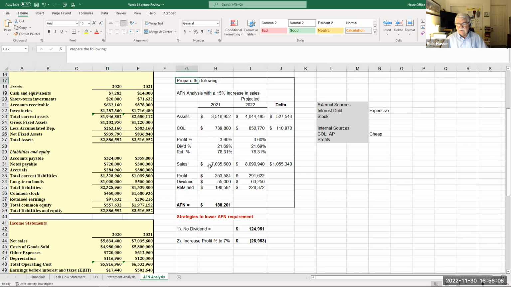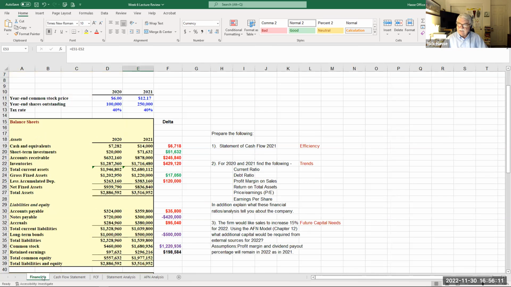So that's our introduction lecture for this week, number 6, financial statement analysis, a key component of strategic thinking once you decide on where you're investing your assets, as we did in the capital budgeting process.